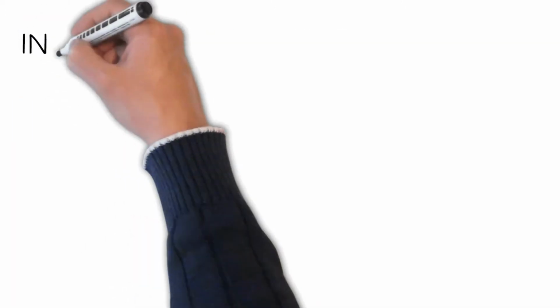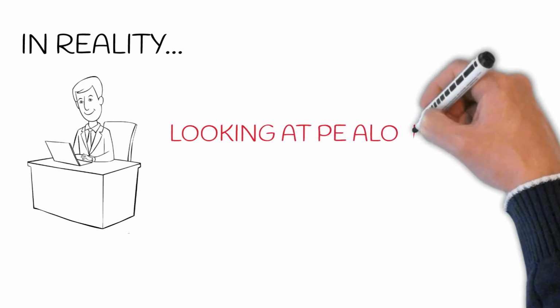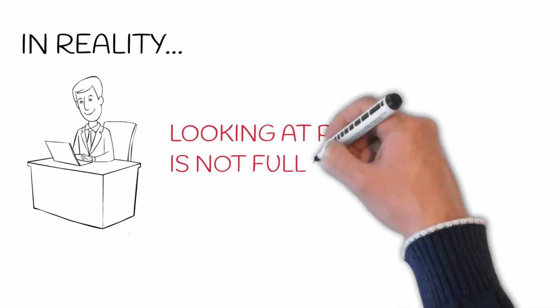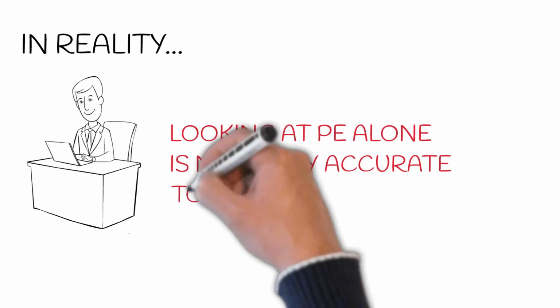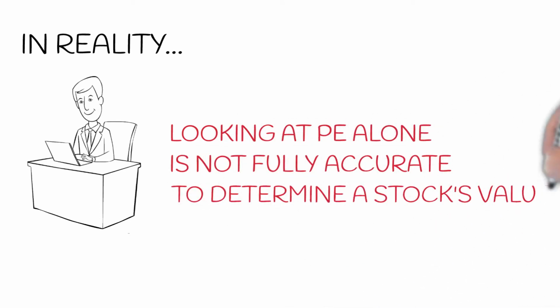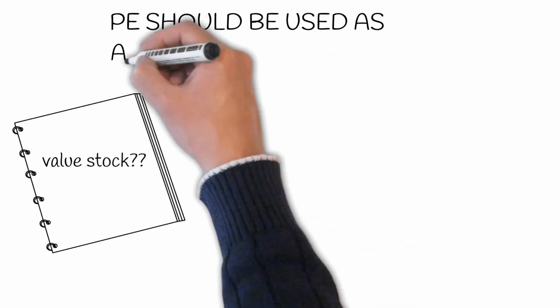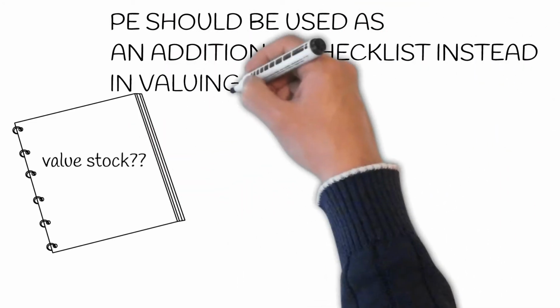But in reality, PE by itself is not precisely accurate to determine a stock's value, because a more comprehensive evaluation is needed to confirm its true value. As such, PE should only be used as an additional checklist to consider in a stock's investment decision.